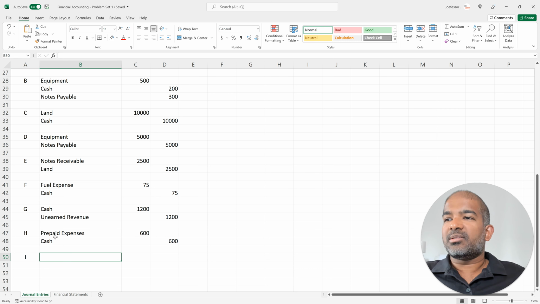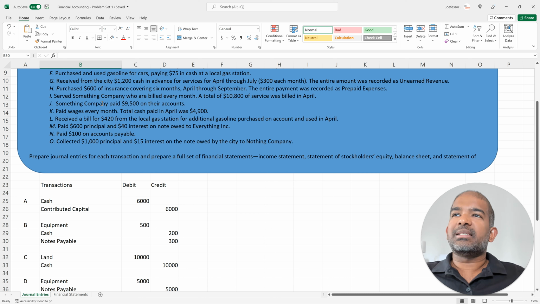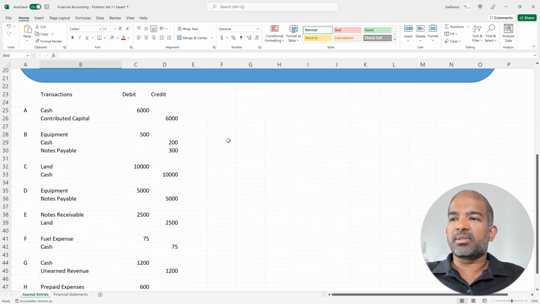The next transaction I, we served something company who are billed every month. A total of $10,800 of service was billed in April. So we provided our services to another company for which we earn a revenue of $10,800 in April. It doesn't say anything about the payment yet, but we've billed them for this amount.